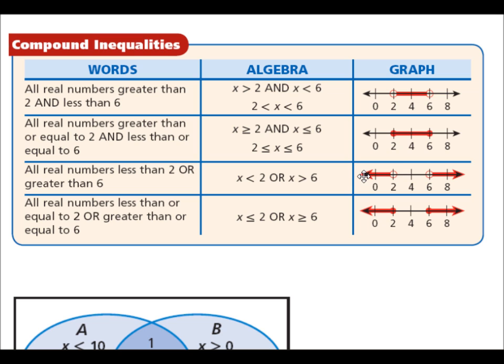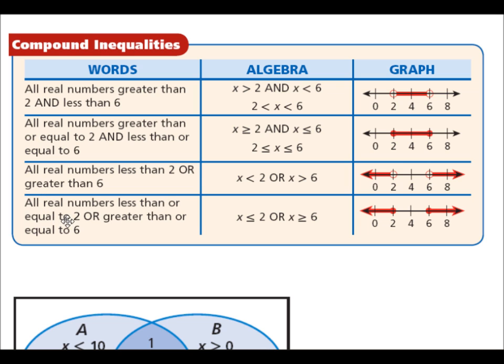So less than 2 goes this side and greater than 6 goes this side. It says "or". That means there are two solutions. Either x can be less than 2 or x can be greater than 6.